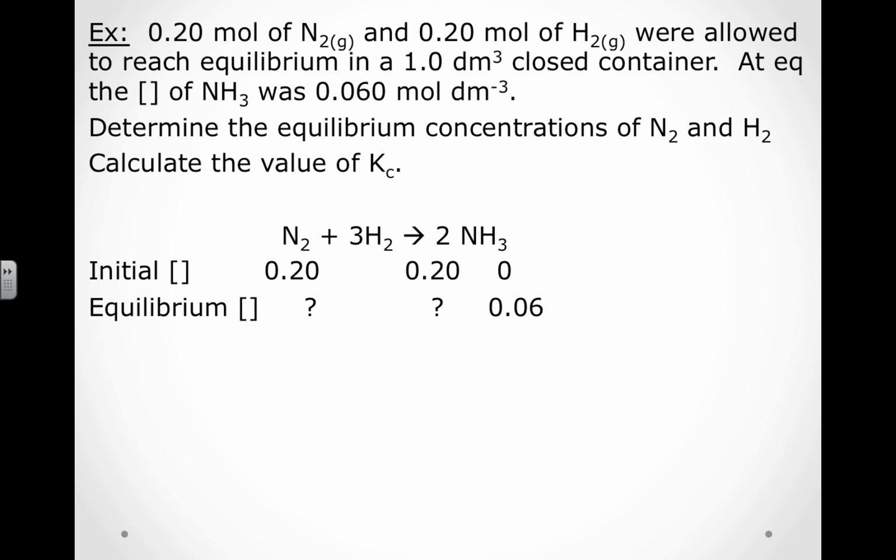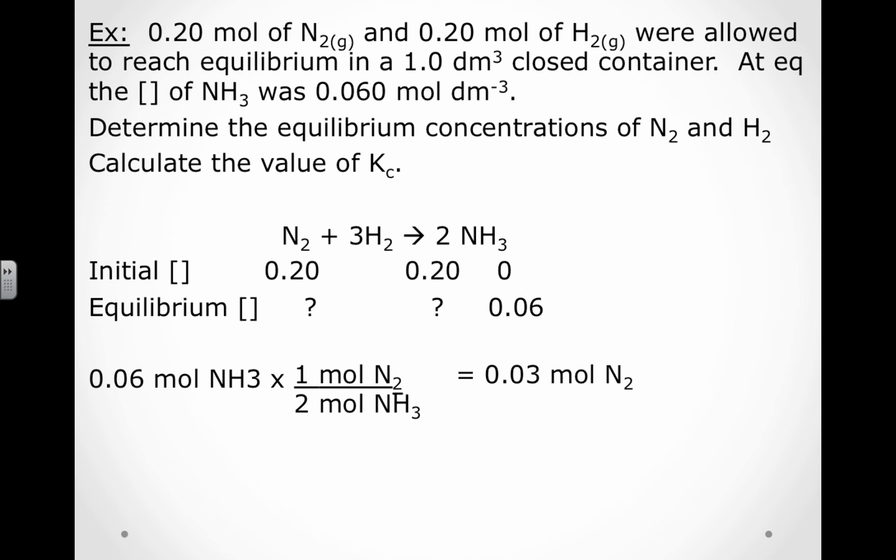So how are we going to do this? Ultimately, we're just going to use some stoichiometry, because the numeric value of moles and molarity is the same since it's a 1 liter container. We say, okay, we'll add 0.06 moles of ammonia. And for every 2 moles of ammonia that we get out, we put in 1 mole of nitrogen. So we're going to use a mole ratio.